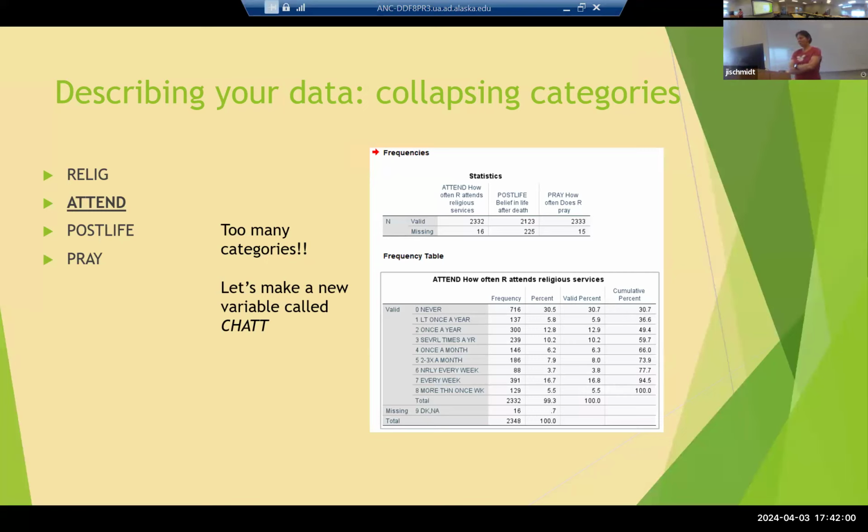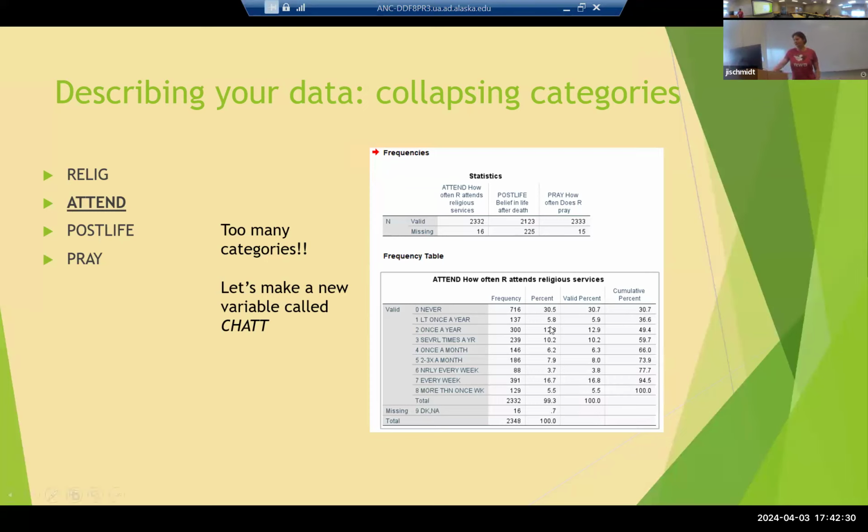So when you want to narrow things down to say 3 or 4 categories in this situation, it's called collapsing the variables. You're collapsing them down. The other reason why you want to do this is you don't really have any statistical power when you have so many categories. You need a much bigger sample size to try to differentiate all 8 of these categories versus if we try to differentiate between 4.